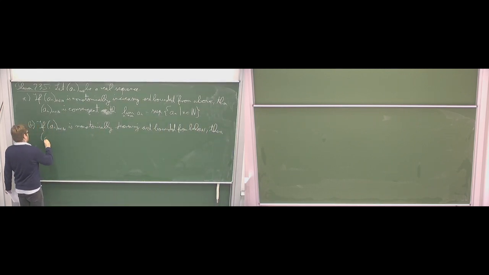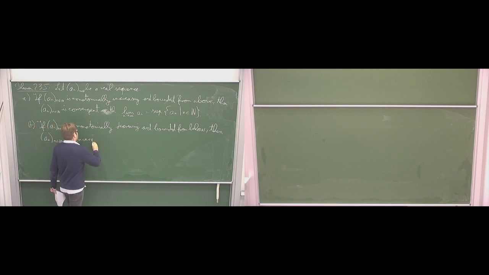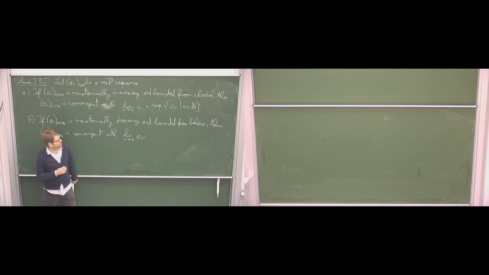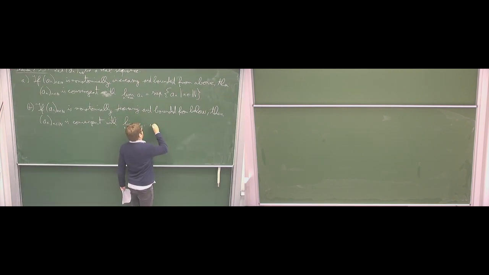So then a_n is convergent, and the limit is also expressible in a different way. If you understand this, you can probably already tell what's coming here. If it's going down and down and then approaching some value, this can also be described in terms of this set. This is simply the infimum of the set a_n, where n is in the natural numbers.